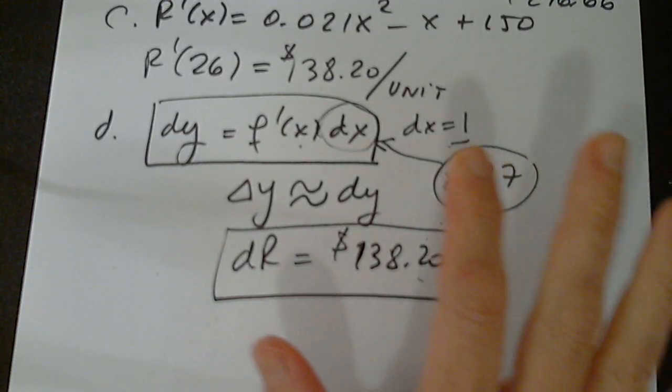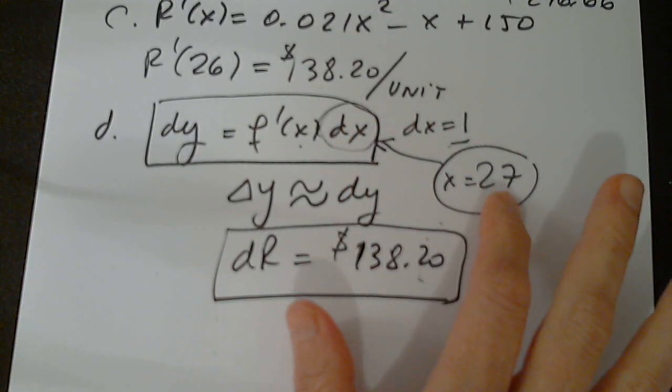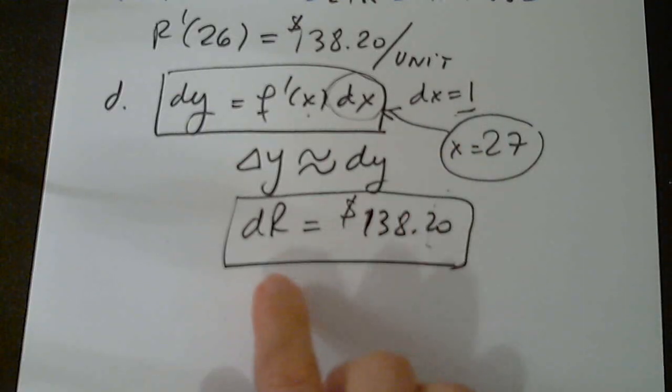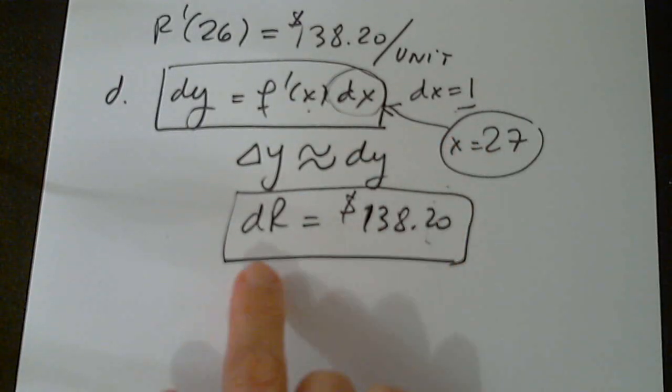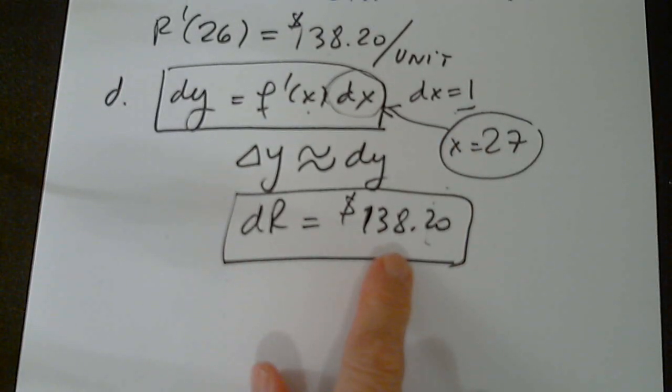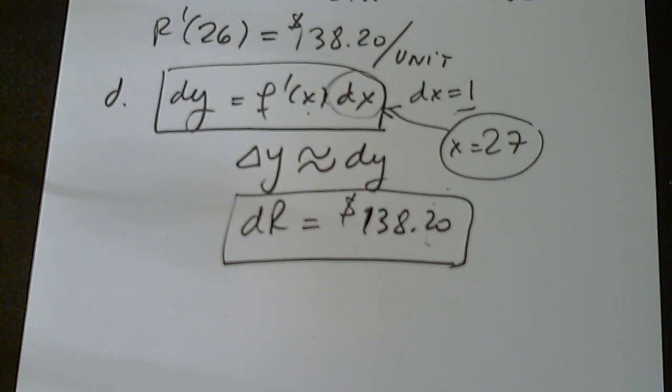So if the production changes from 26 to 27, the approximate change in the revenue is $138.20. Anything else? Is this okay?